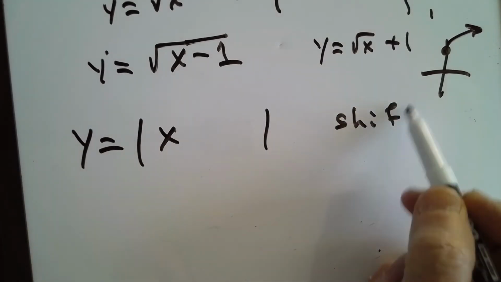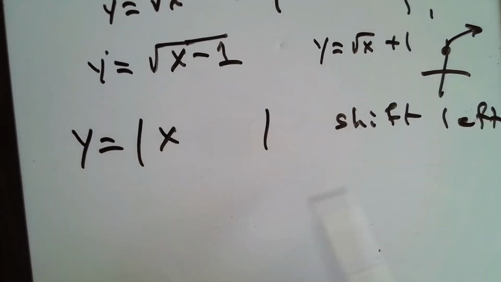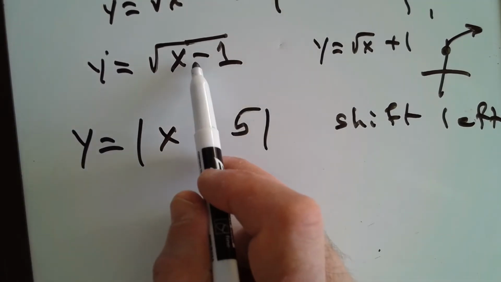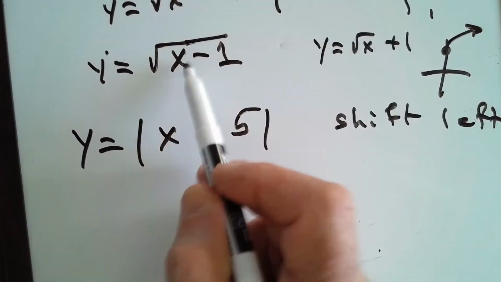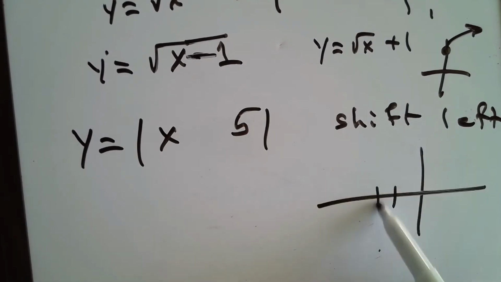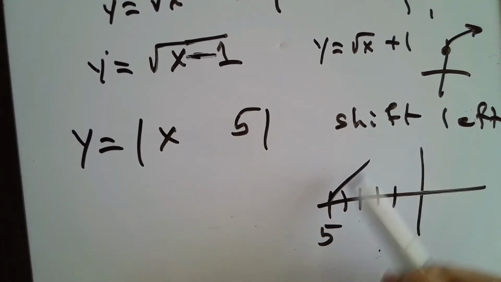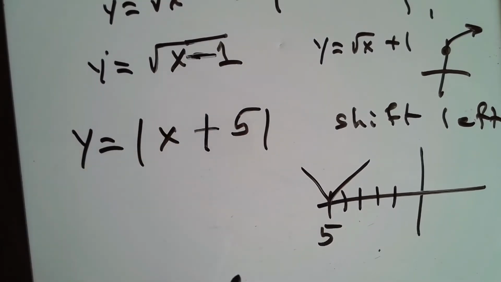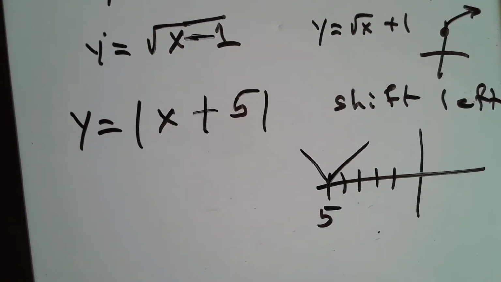Earlier this shifted to the right and it was a minus. So this shifts to the left, and that's going to be a plus. It's opposite inside the parentheses. When it shifts right or left, it's opposite of the sign. Okay? Questions there? Alrighty.